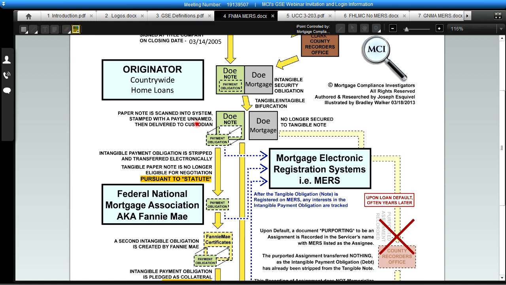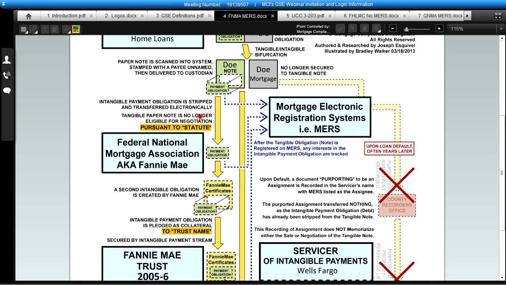Okay? At the same time, an electronic copy is made of the note. Again, electronic copy. They call it an authoritative copy, and that information is sent to MERS, Mortgage Electronic Registration System. Okay?